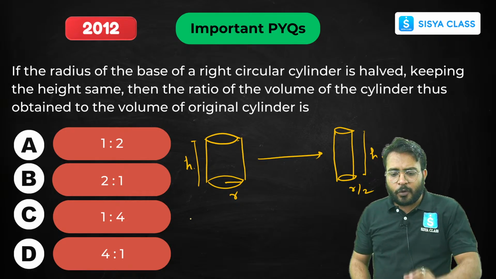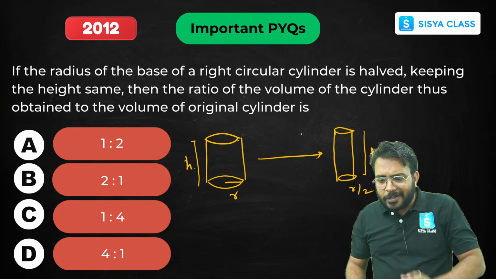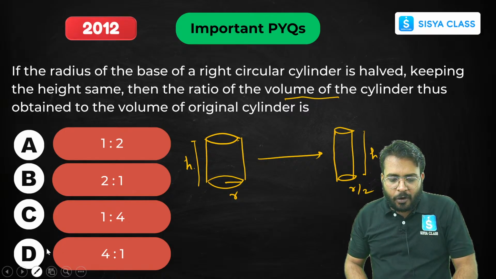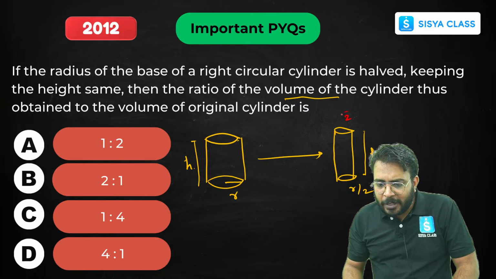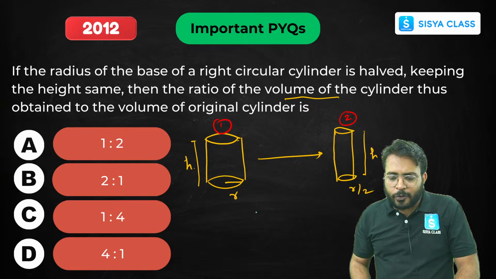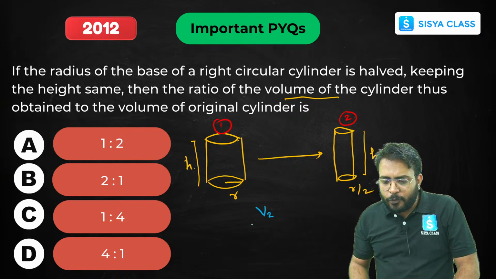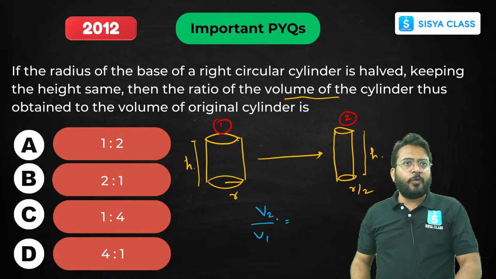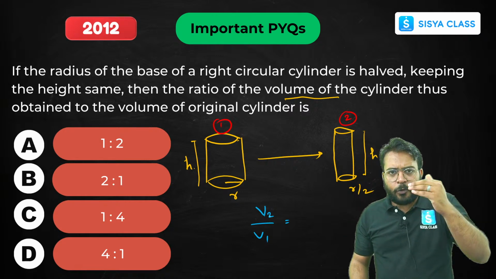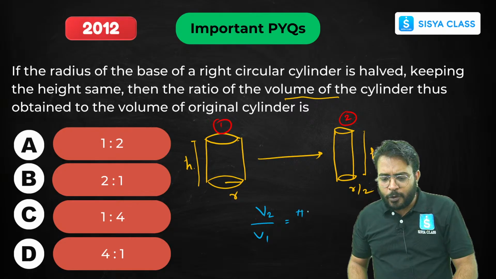What you need to find out is the ratio of the volume of the cylinder thus obtained. That means suppose this is my second cylinder and this is my first cylinder. So here I need to find out volume of 2 divided by volume of 1. So what is the volume of a cylinder? The formula is pi r square h.